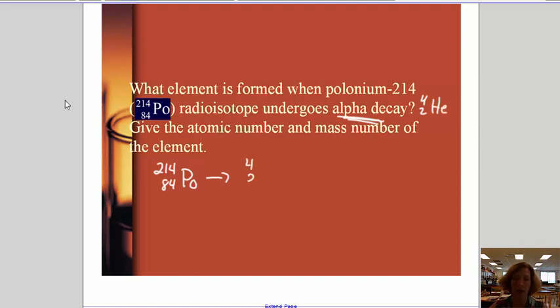So the alpha particle is given off, so we need to figure out what is left. What plus 4 gives me 214? Well, that's 210. What plus 2 gives me 84? That's 82, and then we use the 82 to tell me that that is lead. So lead-210 is the isotope that's formed when polonium undergoes alpha decay.